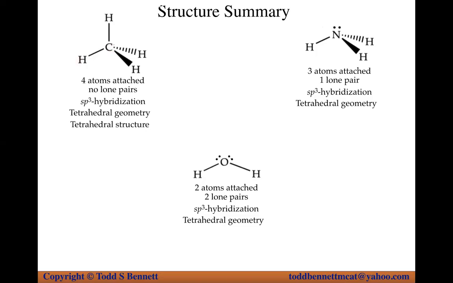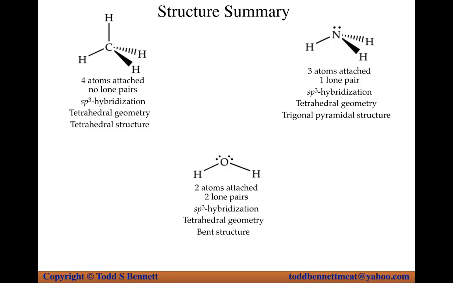As opposed to here, if I draw this and actually make lines, this would be a neat little pyramid that has a triangular base, hence the term trigonal pyramidal structure. And then water is just bent. It's not linear. Again, 109.5. That angle might be drawn a little bit large, but it's supposed to be 109.5, so it's a bent structure.